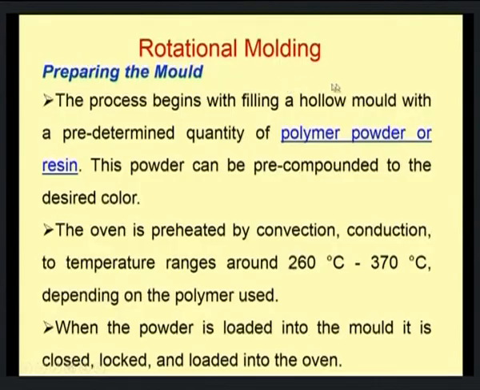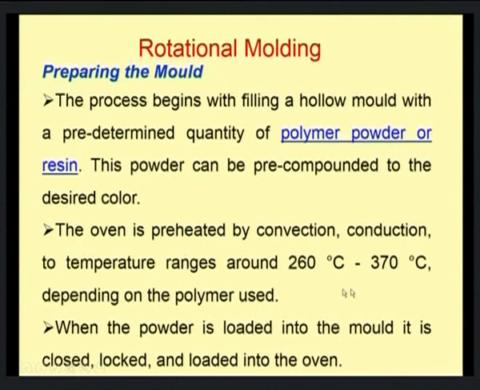Now, looking into the details of preparing the mold, the process begins with filling a hollow mold with a predetermined quantity of polymer powder or resin. This could also be pre-compounded to the desired color or the coloring agents could be added there also. Now, the oven is preheated by either conduction mode or by convection mode.